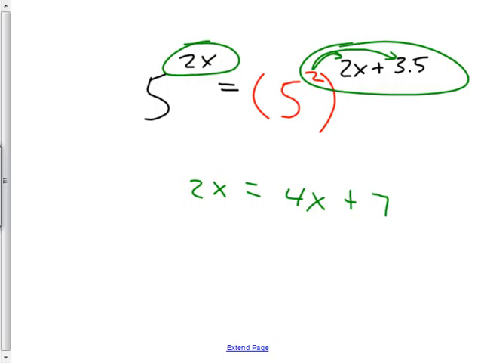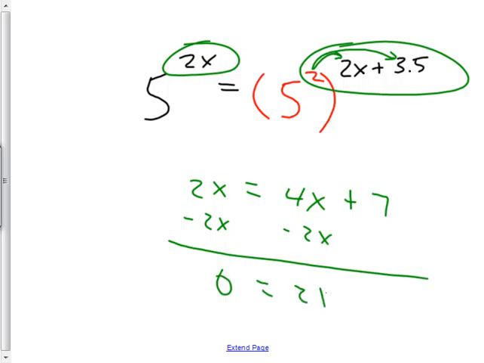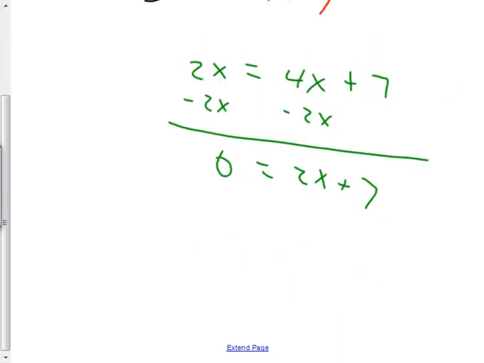Yes, sir? Couldn't you just divide each side by 2 after you cancel it? Yes, you could have done that, but I kind of like this, it also gets rid of the decimal by doing it this way. So either way it'll work. So now I'm going to take away 2x from both sides. And I get 0 equals 2x plus 7. I could have done that a faster way too, but I would have had a negative involved, and I like to not.